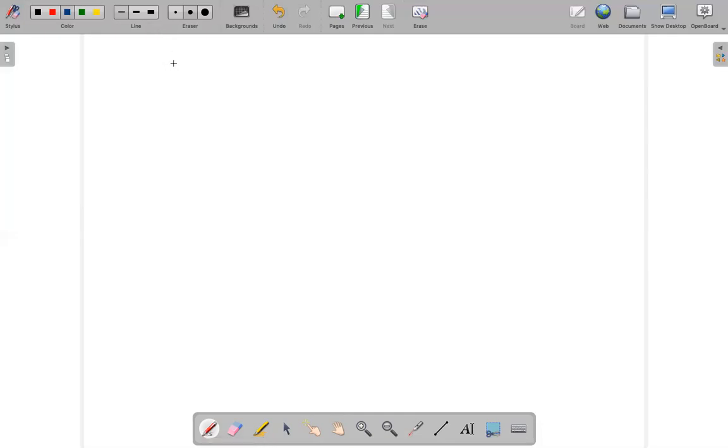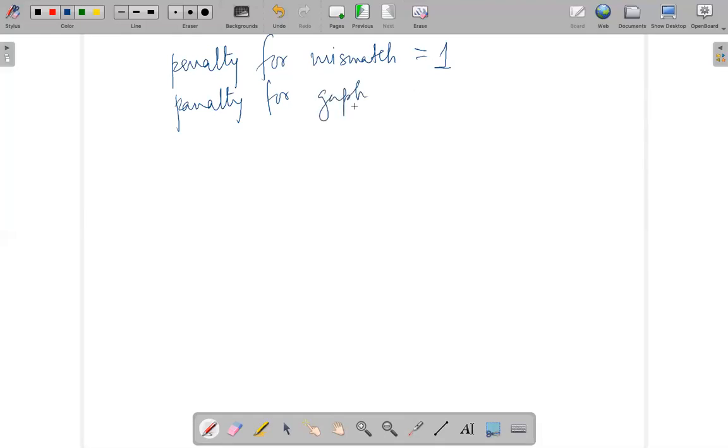So let's say penalty for mismatch is equal to 1 and penalty for gap is equal to 2.